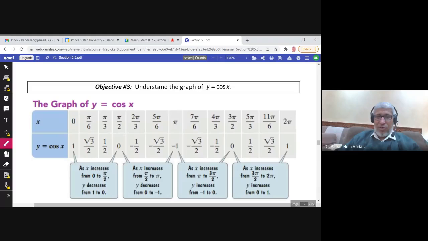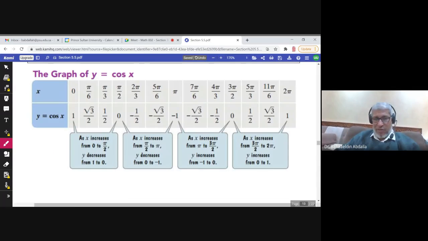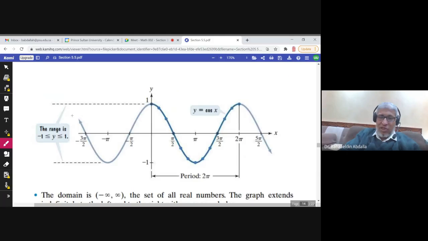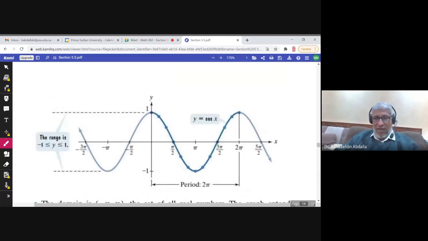The only difference between cosine and sine is the main graph of cosine. If you start by cosine and use the same points we used from 0 to 2 pi, and use your calculator if you like to find these values. Now, if you sketch the graph of cosine, you will find that this is the graph of cosine. From 0 to 2 pi, the graph is like this.